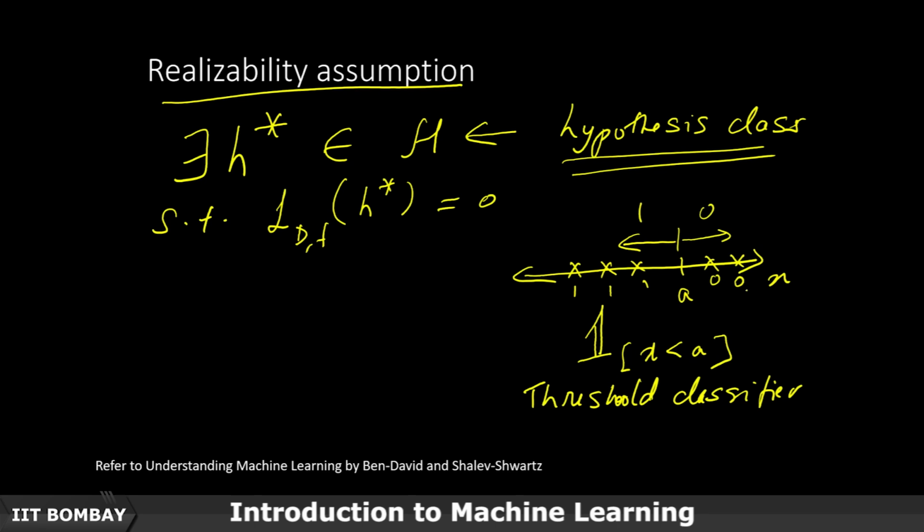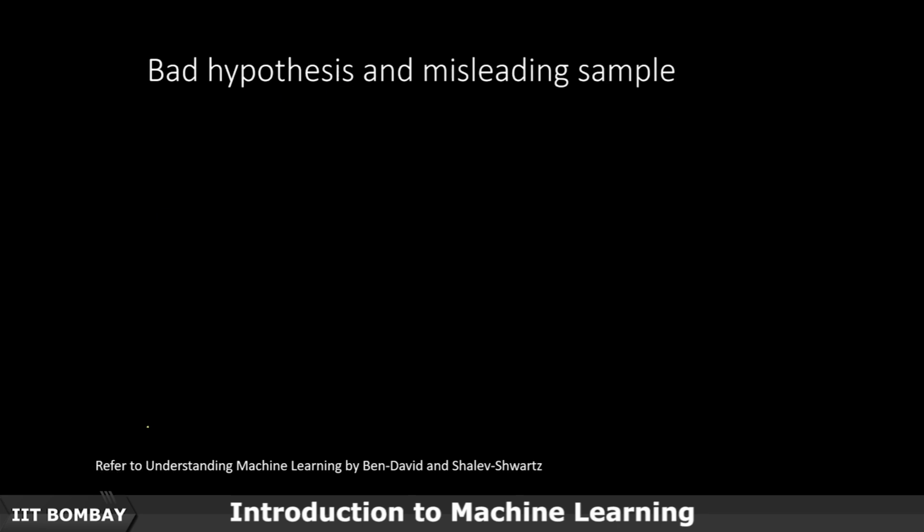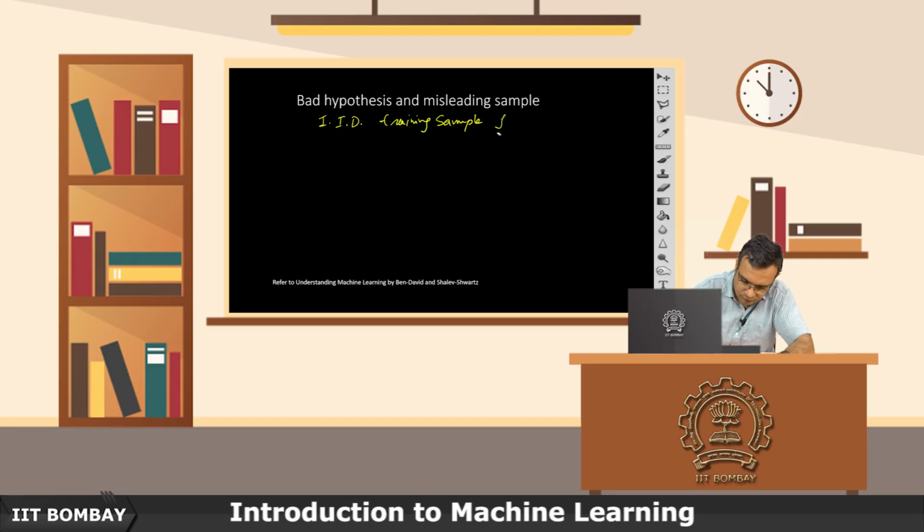The other assumption that I have is, so before that let's define what is a bad hypothesis and a misleading sample. The one assumption that I have is that my training set is an IID training sample. What that means is that this training sample S is drawn from the same distribution D and it is drawn m times.